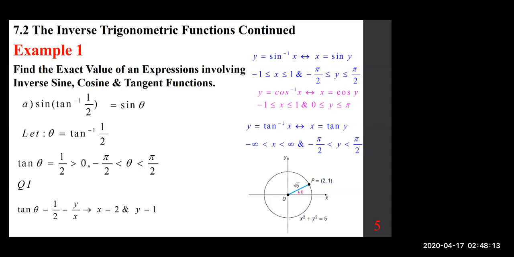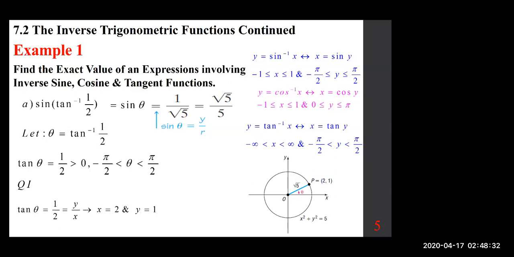So if we go this route, what is sine theta? Sine theta is y over r. Remember that? And we're done.